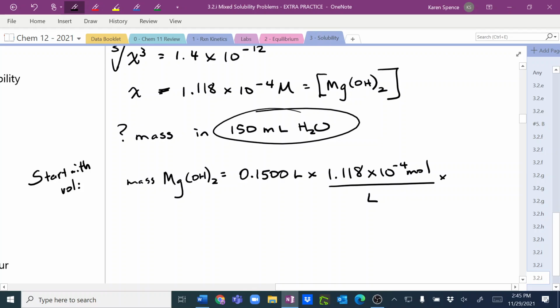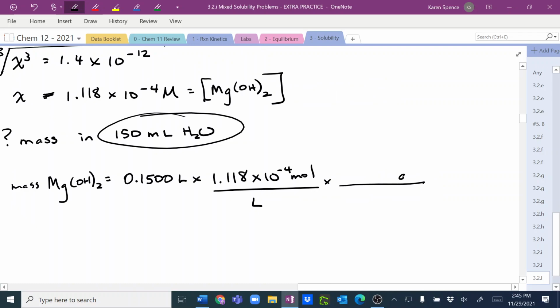And now the mass, grams per mole, 24.3 plus 16 times 2 plus 2 is 58.3 times 1.118 times 10 to the negative 4 times 0.15 is 9.8 times 10 to the negative 4. And if we look, did our units work out to grams? Yes, they did.